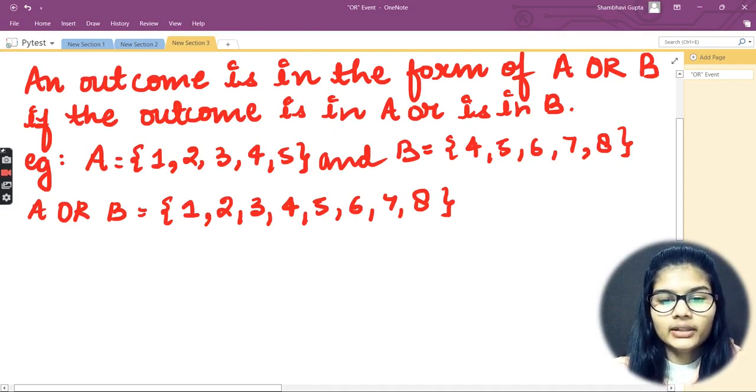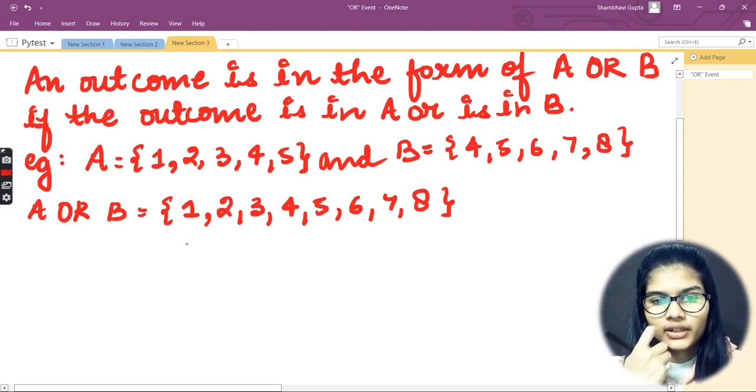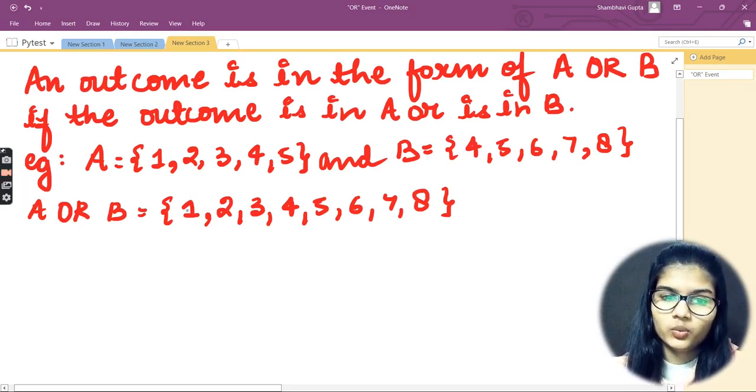Here 4 and 5 are not listed twice because we are calculating A or B. If you use this OR event and have any repetitive numbers, those get written only one time. It's not the case that you write these numbers 2 times.